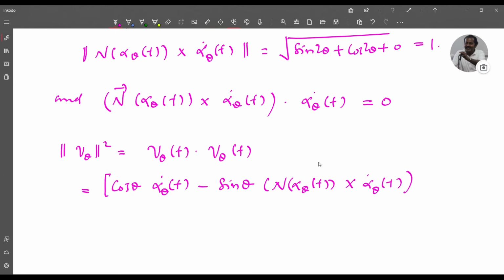This dot the same one, cos theta alpha theta dot of t minus sin theta into n of alpha theta of t cross alpha theta dot of t.